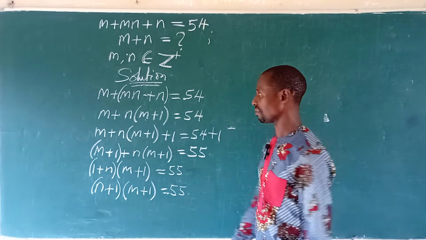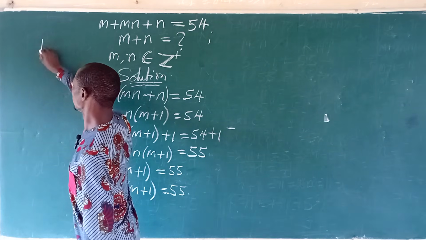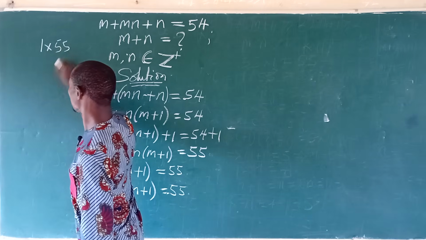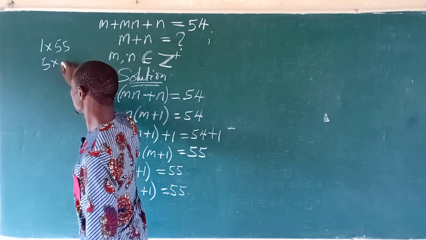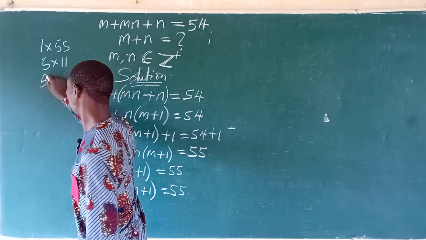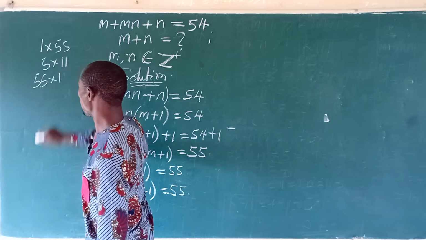Good. Now, we're going to simplify 55, since we have a product here. 55 could be split into 1 times 55. Then we can equally have it as 5 times 11, and we can equally have it as 55 times 1.